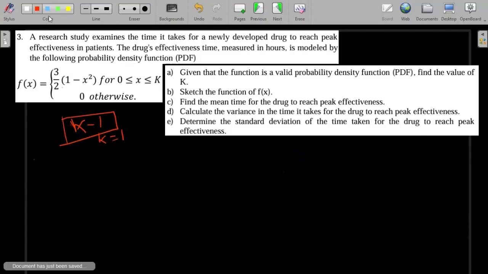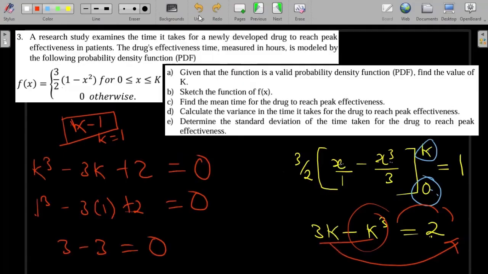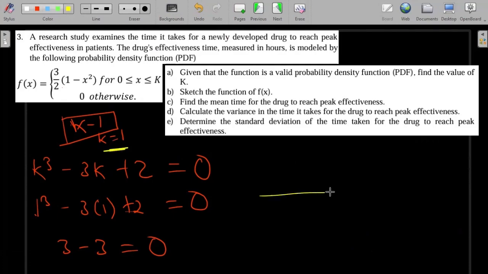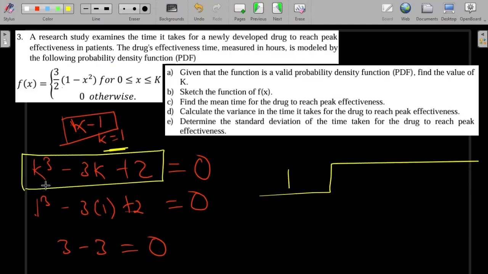Okay, so what do I have now? I've erased everything. I can just erase this part. So we know for sure that k equals 1 is a factor. So let's use synthetic division. So I have 1. And then from this equation here, I should make sure that the powers are dropping down smoothly.